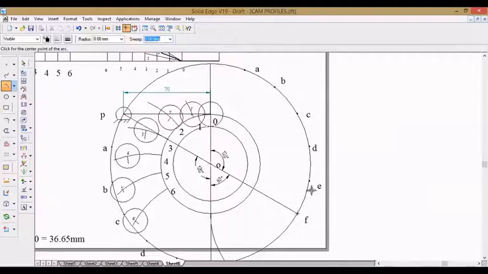Then come to point E. What is the length of the follower? 70. That much radius you take. Cut an arc. This is 5. D, the radius is 70. Then go to C. Take radius 20.